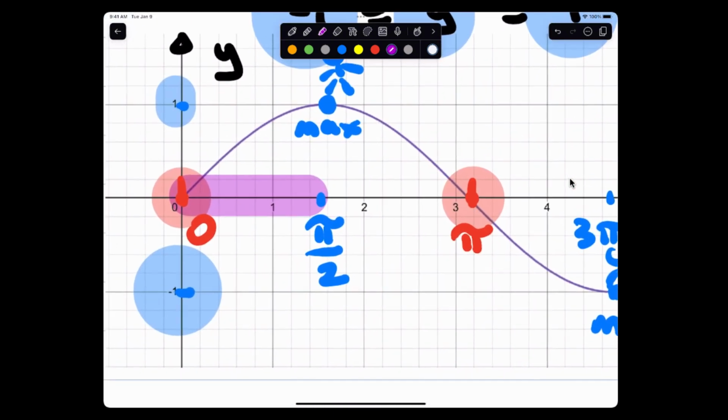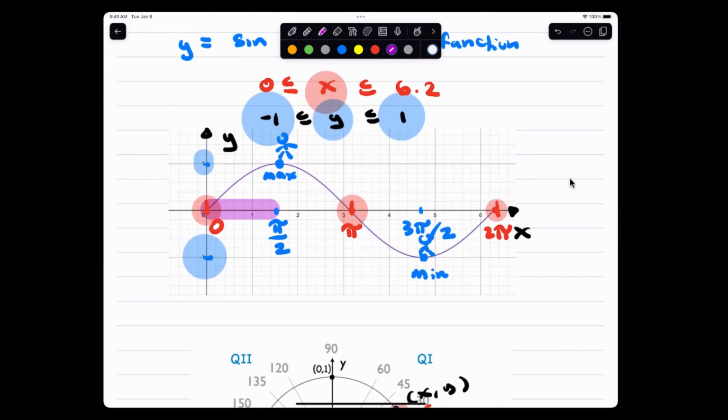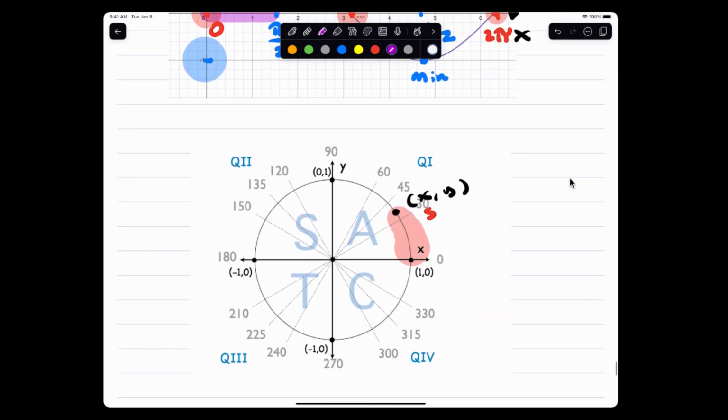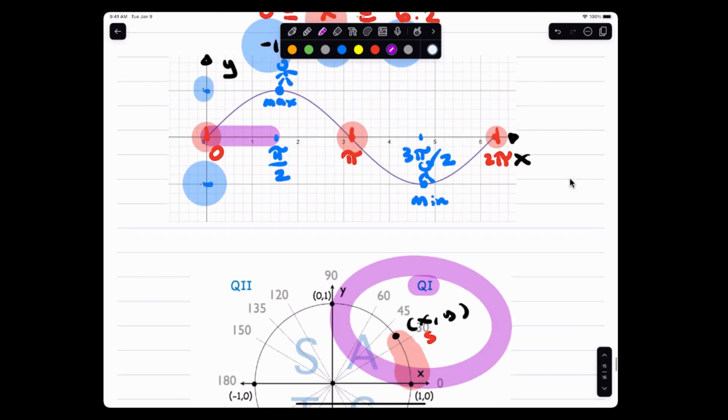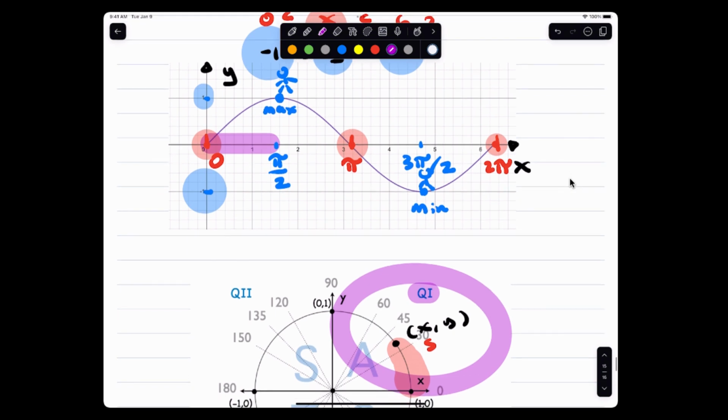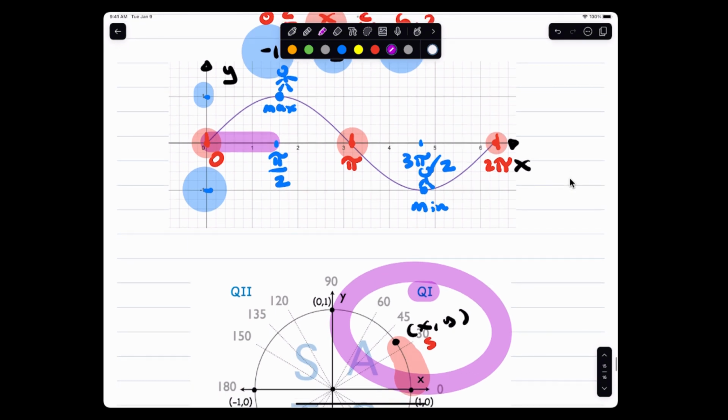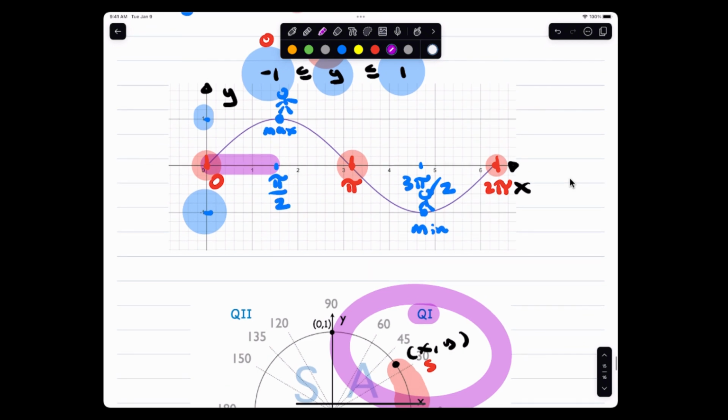Go back over here. What angle is between 0 and pi over 2? What quadrant does that represent? Isn't that quadrant 1? So I want you guys to really make that association because that's really what's going on. Any angle between 0 and pi over 2, that's 90 degrees. Is that true? So that's quadrant 1. You guys okay with that? Anybody have any questions on that?